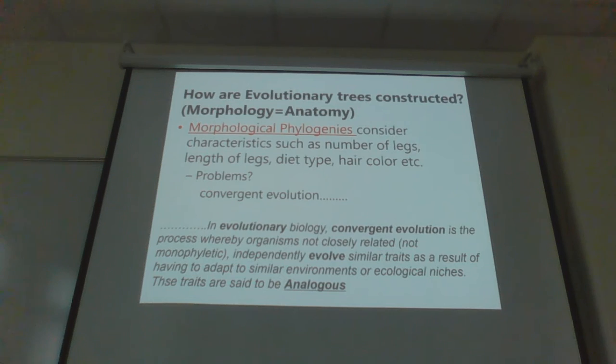So as I already told you, evolutionary trees, phylogenetic trees, have historically been built upon morphology, looking at physical characteristics, anatomy. Now, there is a problem here.